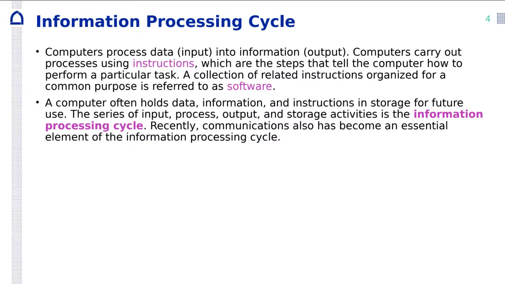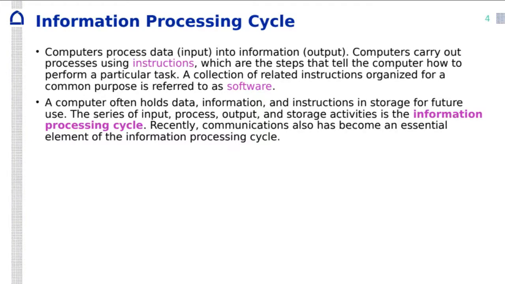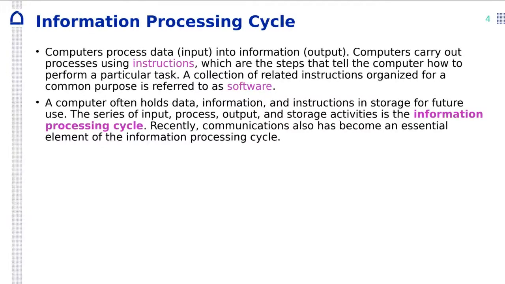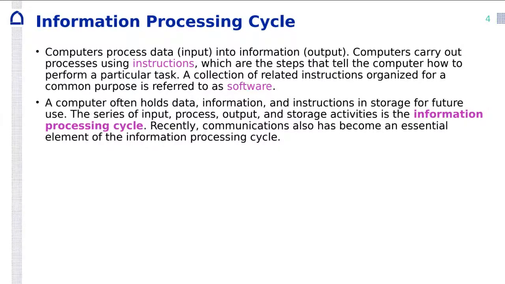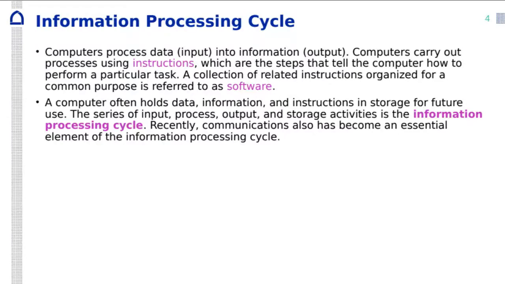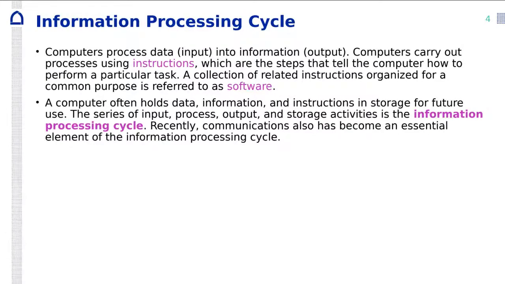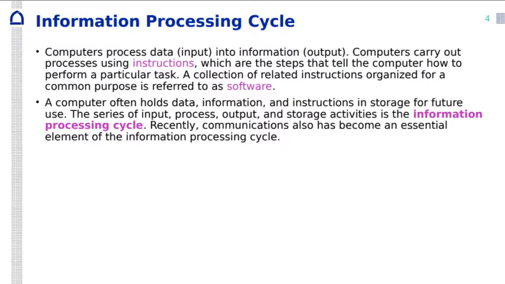This is the information processing cycle. Also, in recent years with the technologies, we have another process, which is communication. Communication has also become an essential element of the information processing cycle, and we all know why now. We need to send information, we need to communicate the data and the information.